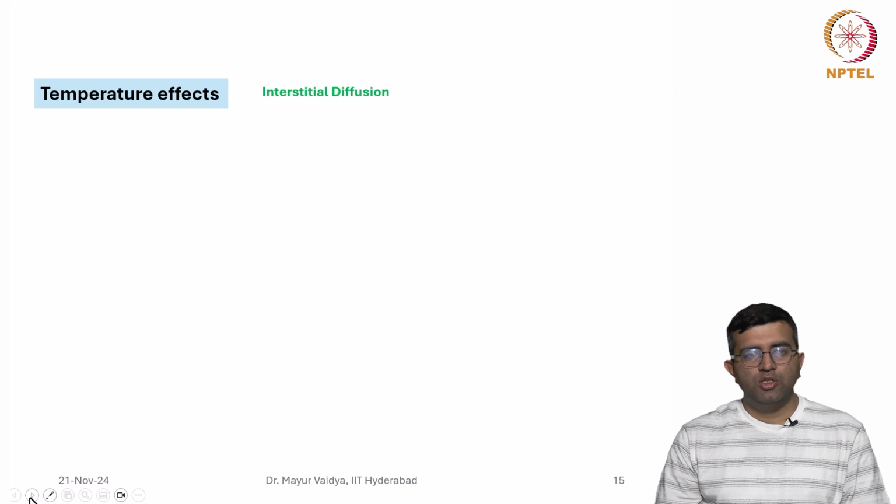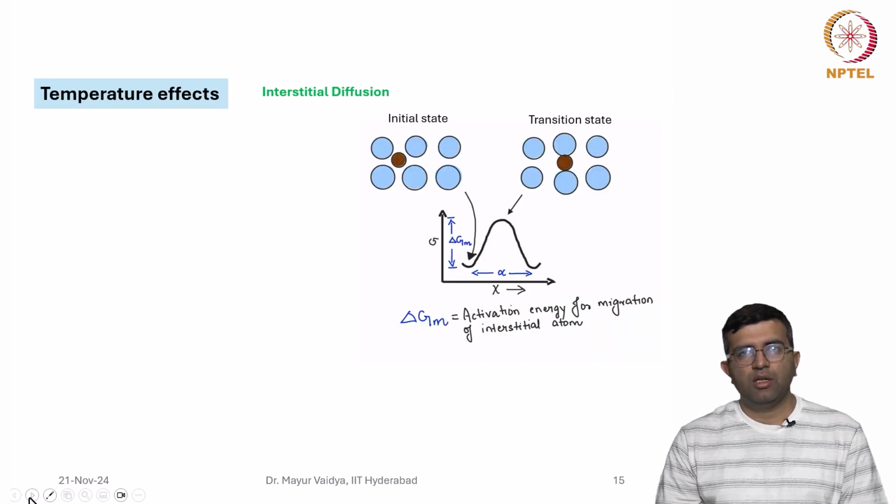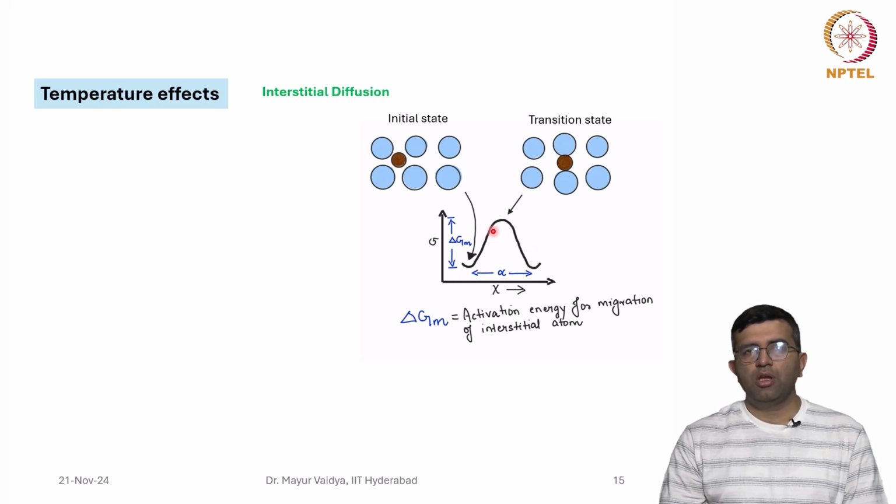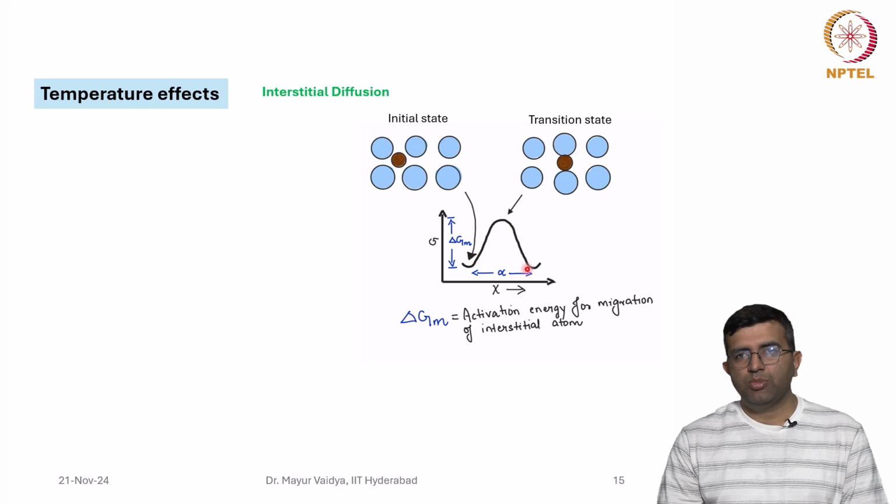Then talking about the temperature effects a little bit. When an interstitial atom goes from the initial state to the transition state, there is an activation barrier involved. This we saw in the previous lecture on the atomic jump.